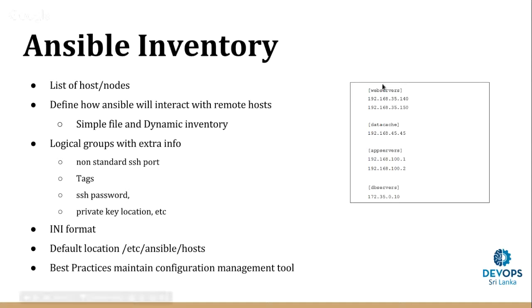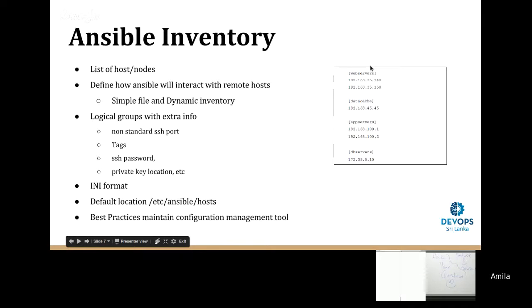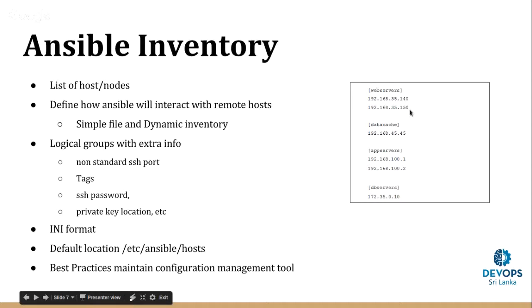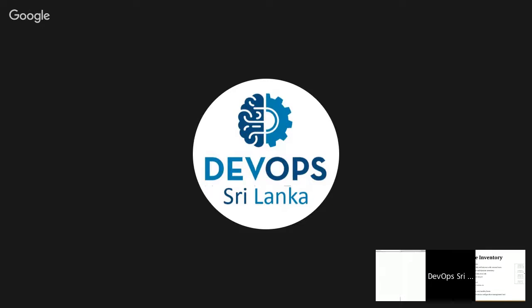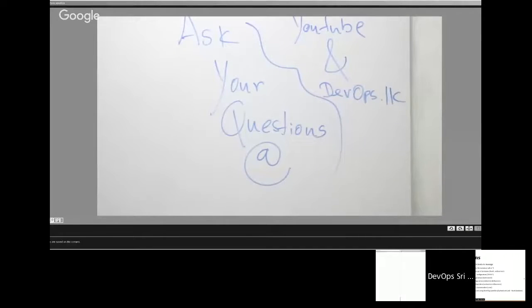For example, if we have web servers and a set of app servers and a caching server, we can list down the web servers under web, and then we can simply specify the cache, and we can create another group to specify the app servers.